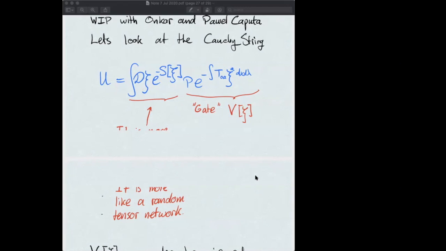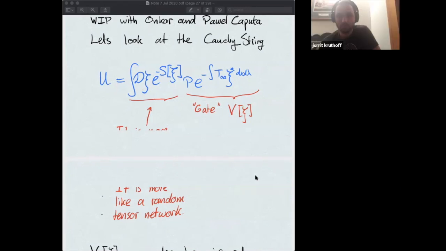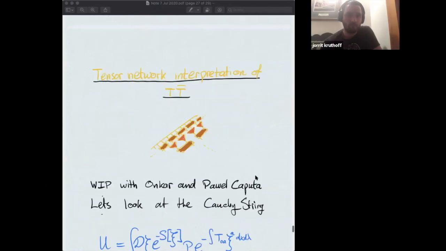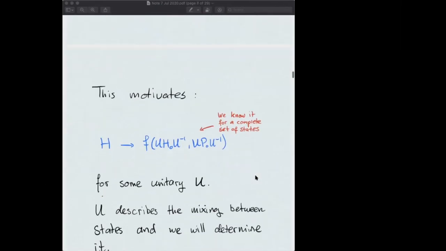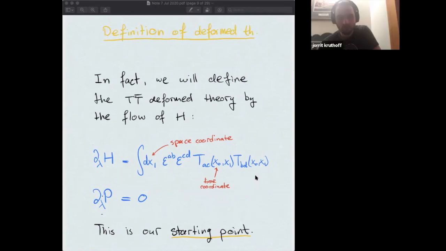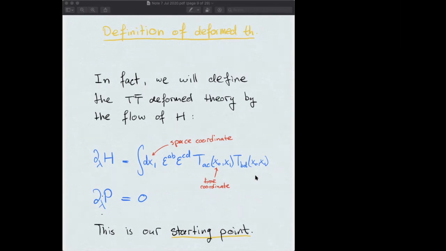Can I ask a question? Yes. Thanks for the talk. I have a question on your original definition of the Hamiltonian. As you know, for TTbar, when you take the two operators to be at the same point, there are local derivative terms. Once you take the action, of course, you integrate those derivatives, they are gone. But for the Hamiltonian, is the Hamiltonian well defined? Will those local derivatives appear in the Hamiltonian?